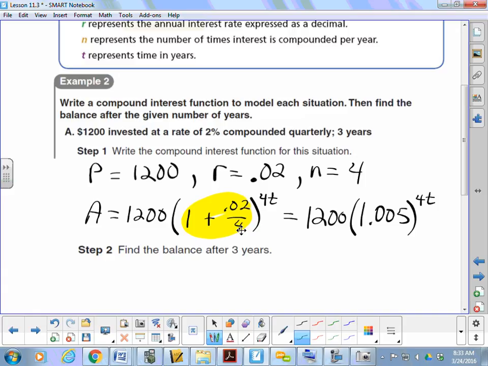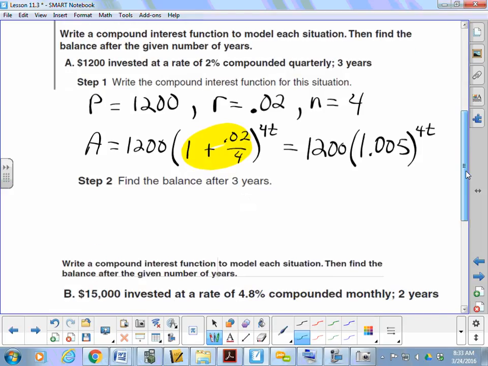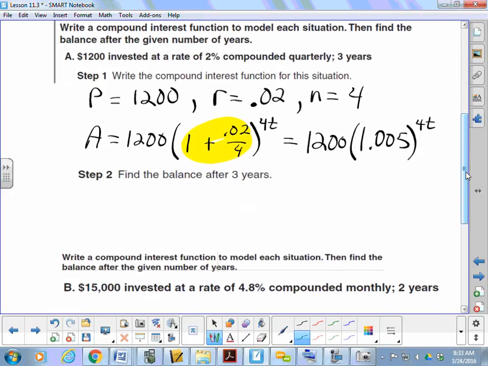Woohoo! You should be ecstatic about that. I don't know why, but you should. Then we want to know the balance after 3 years. So A equals 1200 times 1.005 to the power of 4 times 3.